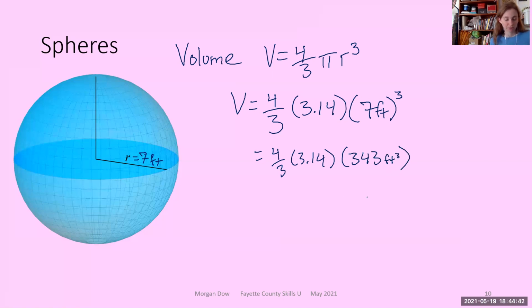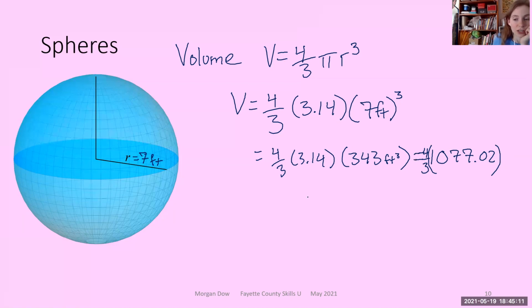Now I'm going to multiply 3.14 by 343. That gives me 1,077.02. And then I've got my 4/3 out front there, which I didn't really give myself enough room for, but we still got the 4/3 out front.